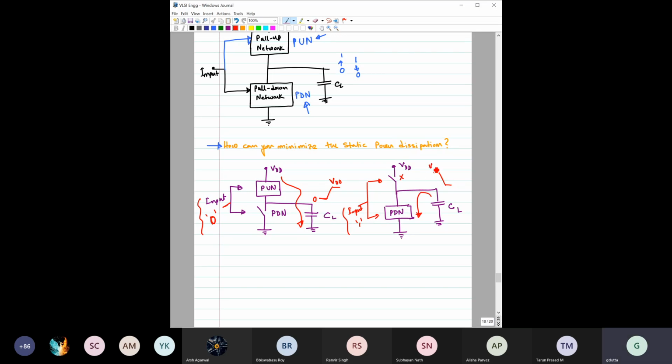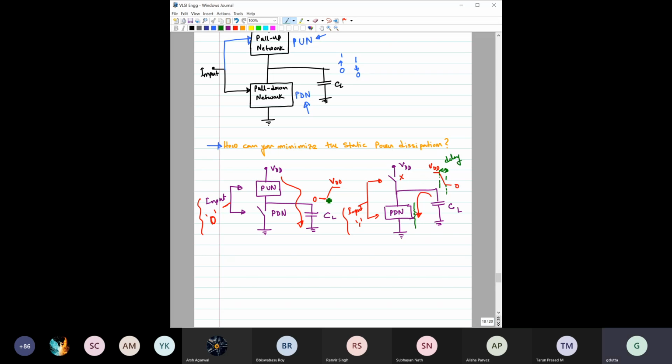So here it is getting discharged, that means discharging from VDD to 0. One thing you should notice is that during this discharge there is a finite time delay, because there is a capacitor discharging through this pull down network. You can consider an equivalent resistance, so an RC time delay would be there.